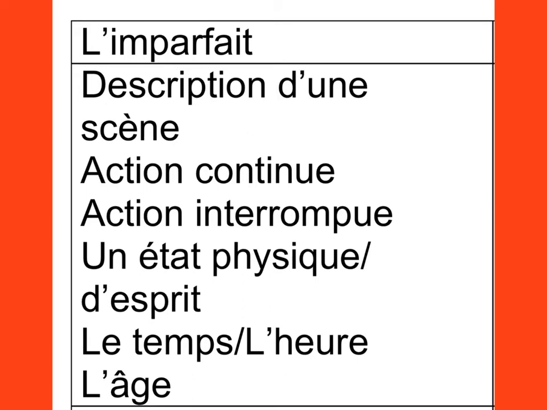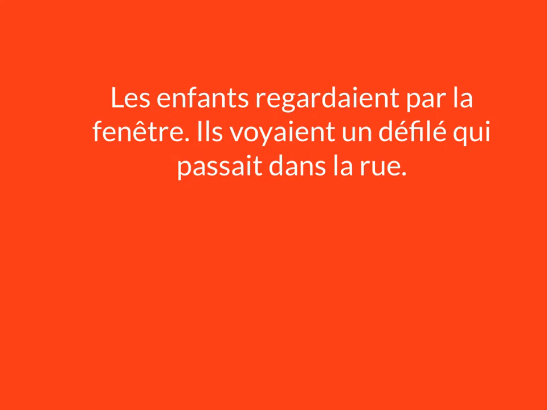It's used to give background information, and a lot of times that is to make a description of a scene, of what's going on, or what people are doing, or what's going on around you. For example, les enfants regardaient par la fenêtre, ils voyaient un défilé qui passait dans la rue.